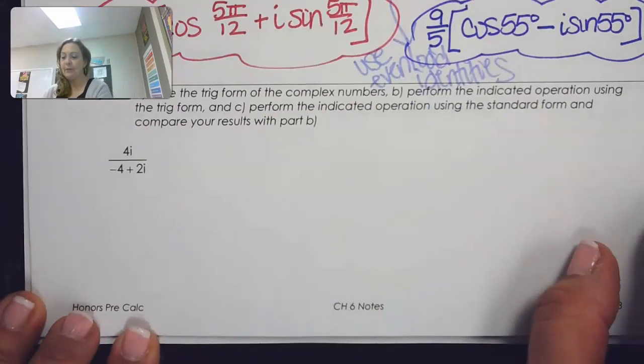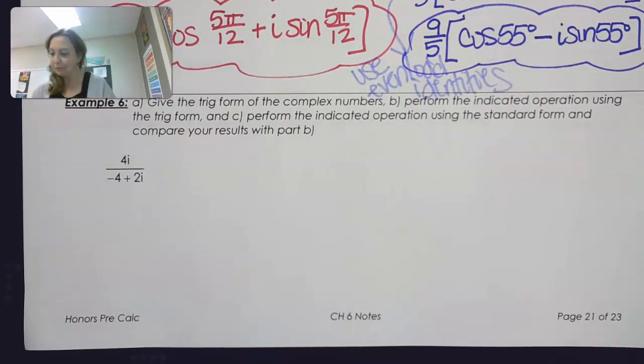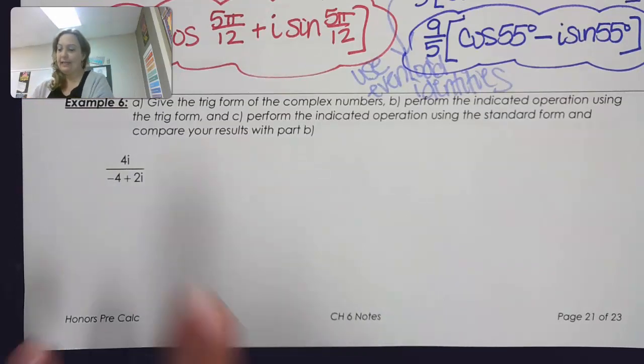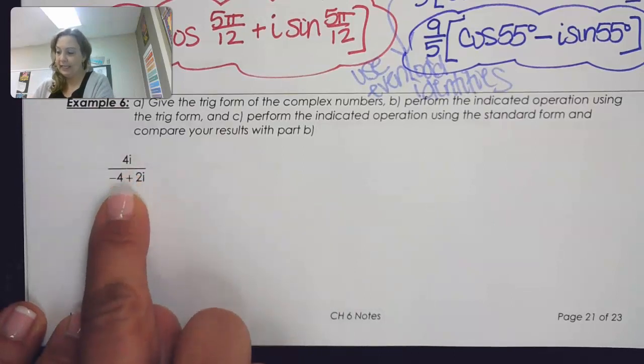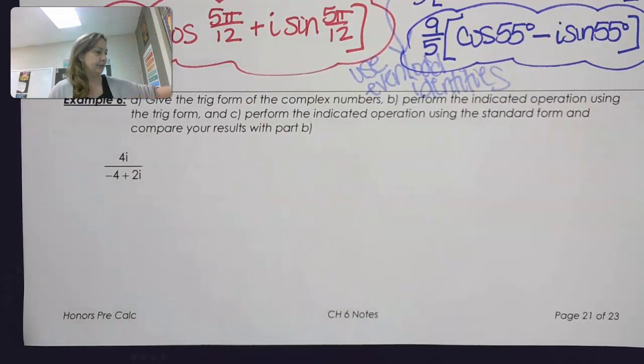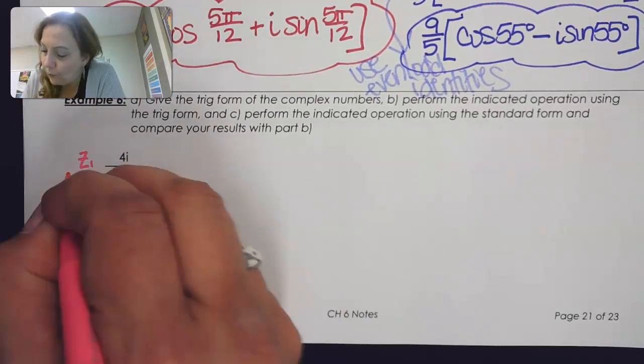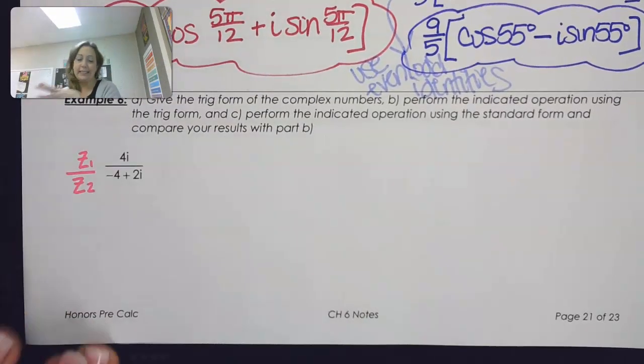So the first thing that we want to do is to give the trig form of this complex number, okay? So to do that, that means that we want to give our Z1, and we need to give Z2, because there are two complex numbers that we're dealing with here. So we're going to call this numerator Z1 and the denominator Z2.